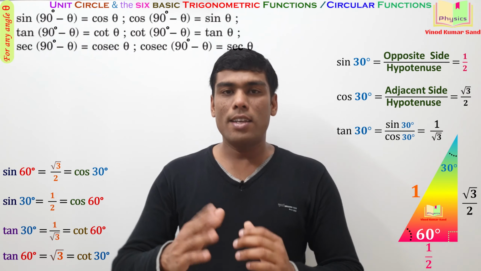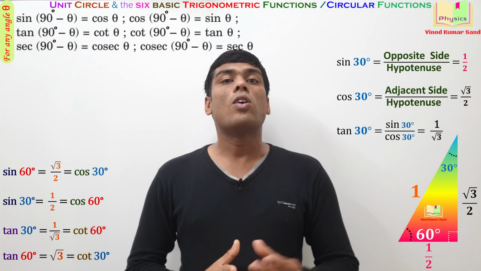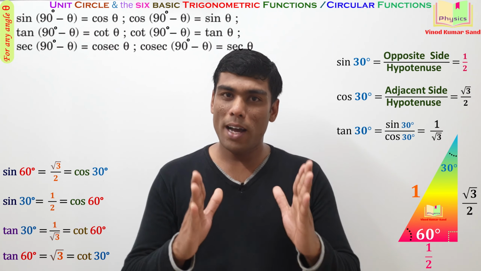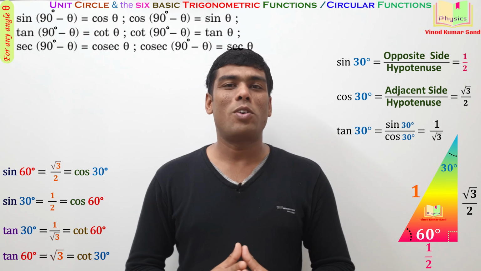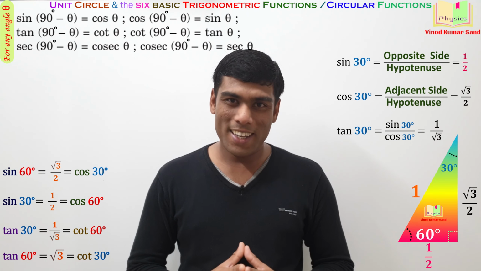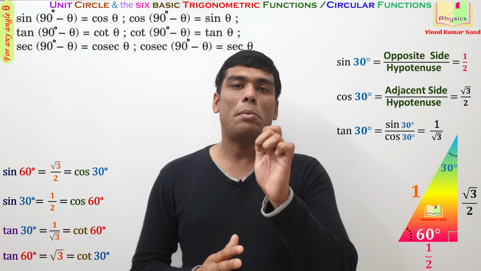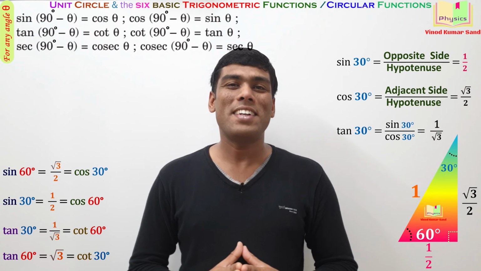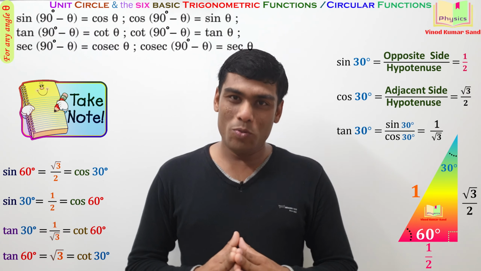Sine theta is equal to cos of 90 degree minus theta, or cos theta is equal to sine of 90 degree minus theta. Similar general formulas we can write for the remaining trigonometric ratios. Getting the idea? Here theta can be any angle. You can put the values and you can verify it yourself. You can note it down and then we'll go further.